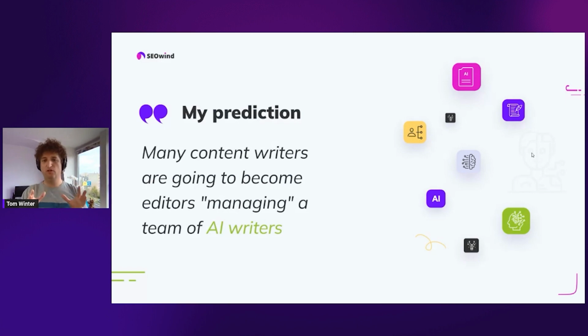You will not be able to compete with AI on writing from the top of your head, because AI is much better than you and me and whoever. Maybe a specialist in a very specific field might be better, but still AI will be faster. Your goal is to manage a team of AI writers, to structure it.